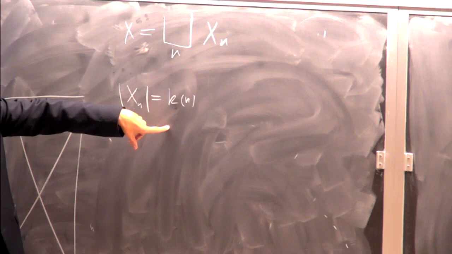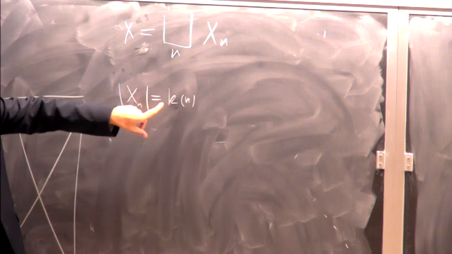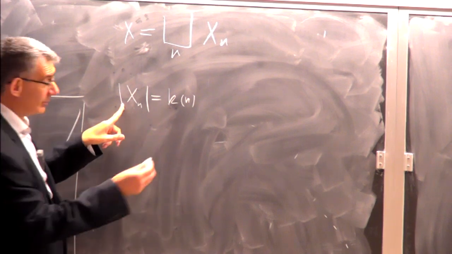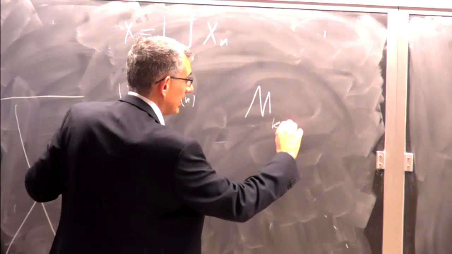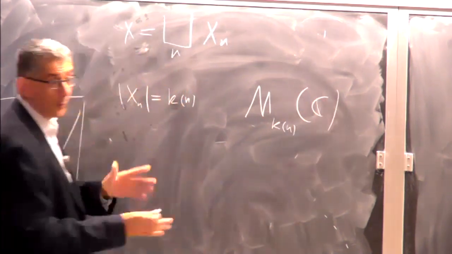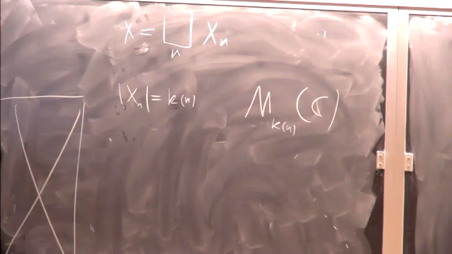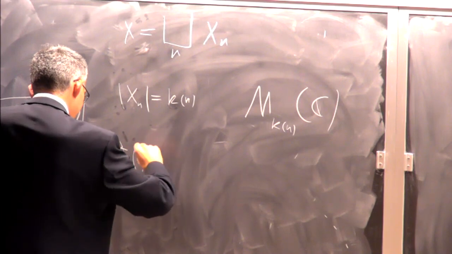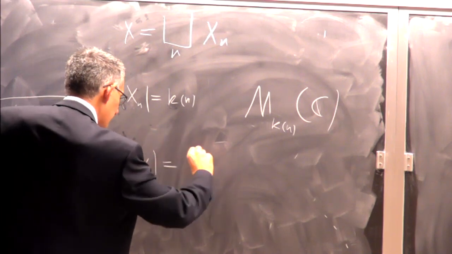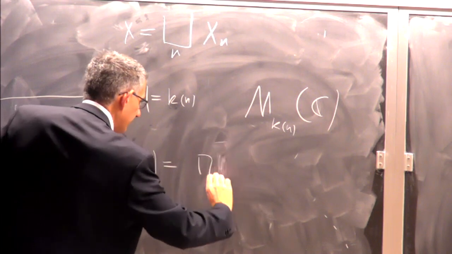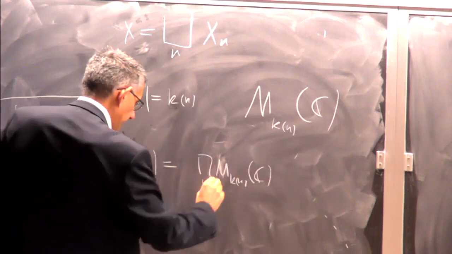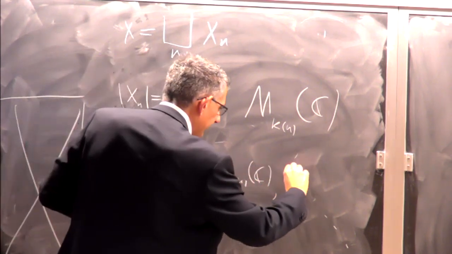Now, what does the uniform Roe algebra look like? Well, every operator that stays inside X_n has propagation 1. So really, the part with X_n corresponds to K(n) by K(n) matrices, and all possible operators there have propagation 1. So the uniform Roe algebra is just a product of all of these matrix algebras. But also compact operators are there.